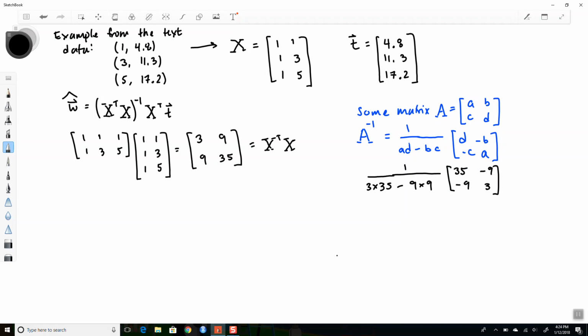When we do this, we end up getting x transpose x quantity inverse becomes, this whole thing is 105 minus 81, which is 24. So I get 1 over 24 times exactly this, 35, negative 9, and 3. I'll just put that up a little bit.